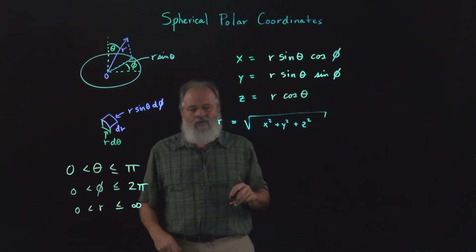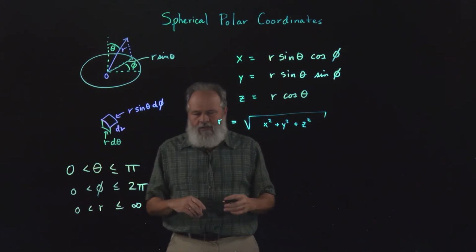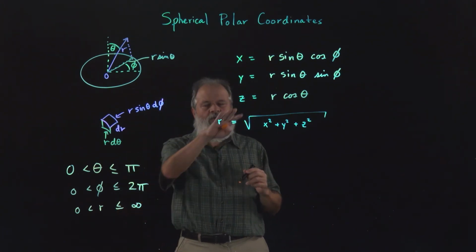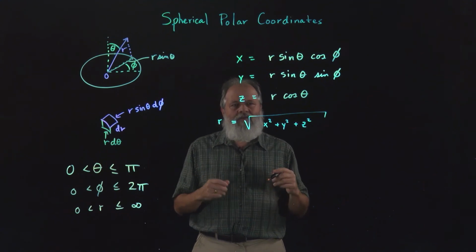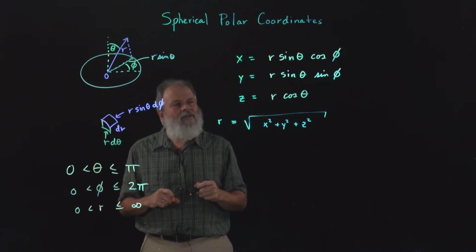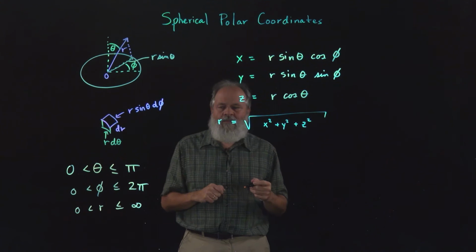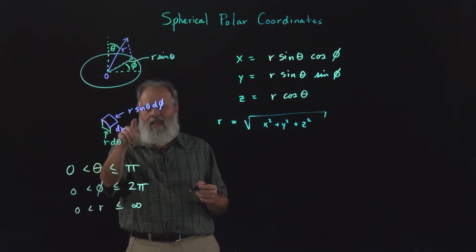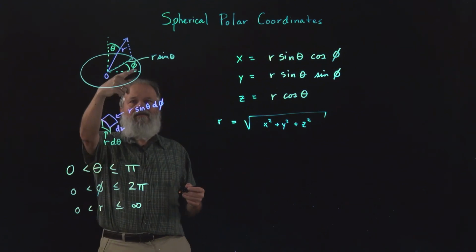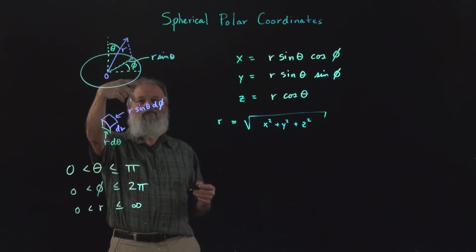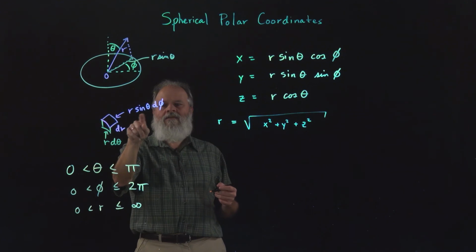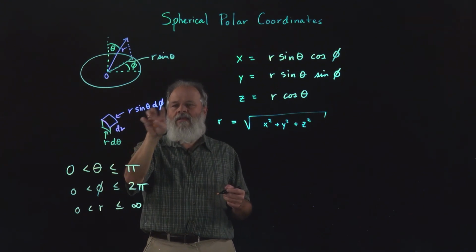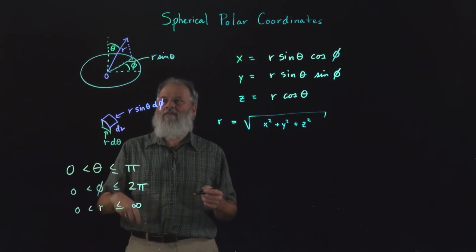Okay, and so as a result, some operators in terms of the coordinate z are going to be rather simpler in terms of r, theta, and phi. So let's go ahead and look at the arc of this r sine theta vector. If we change the d phi angle, the arc is going to be r sine theta, the length of the vector, times d phi, the change in the angle.